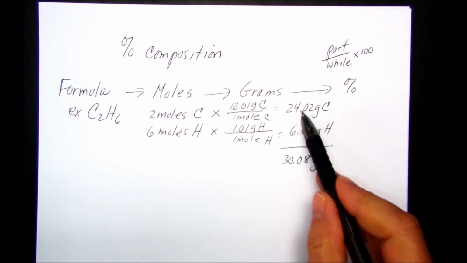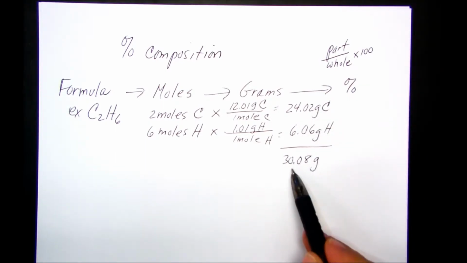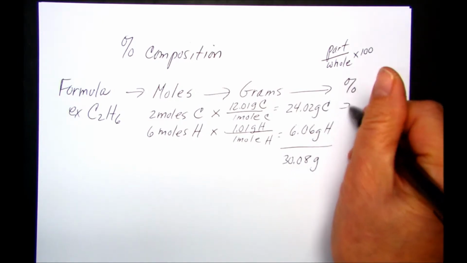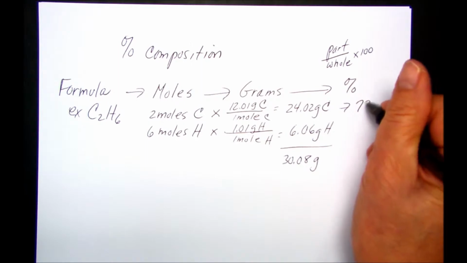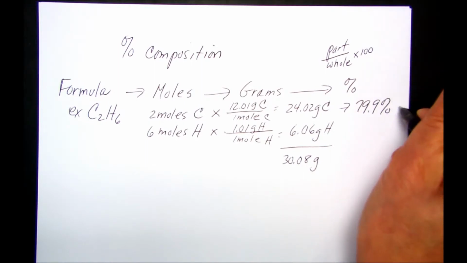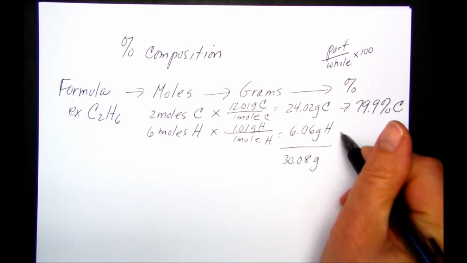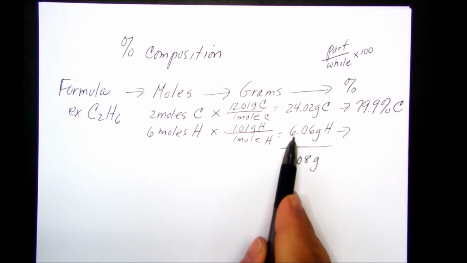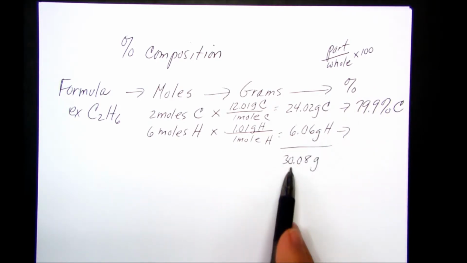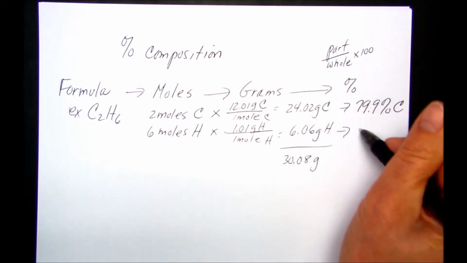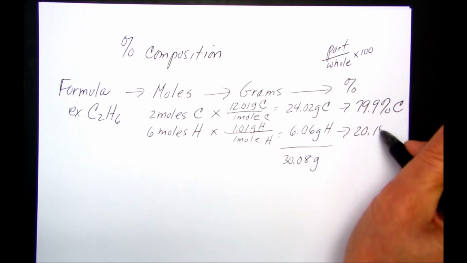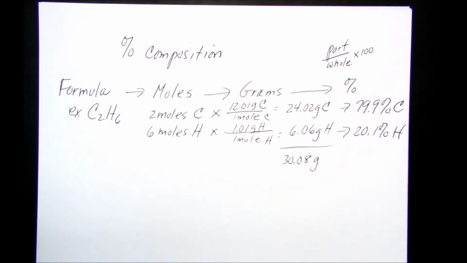If I take 24.02 and divide it by 30.08, that gives me 79.9% carbon. If I take 6.06 grams and divide it by 30.08 grams, I get 20.1% hydrogen. And this, of course, adds up to 100%.